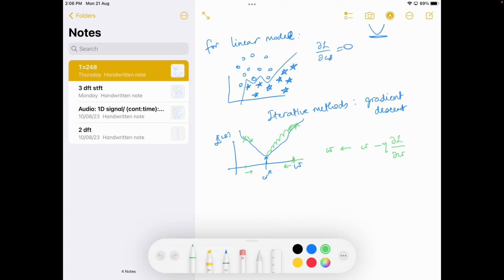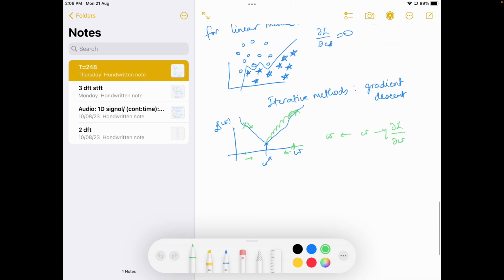No, we had discussed about optimization, gradient descent only. Right? So let's start today with neural networks.